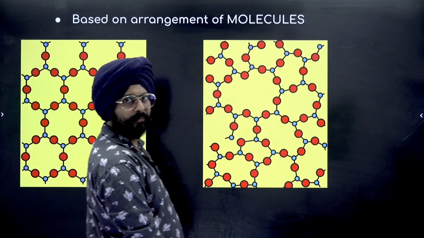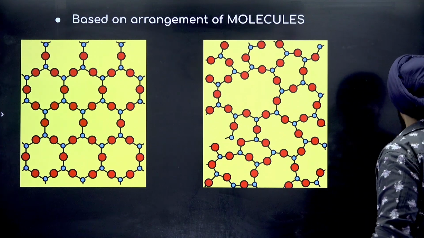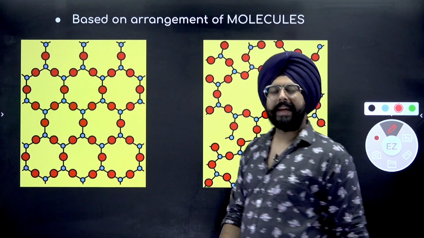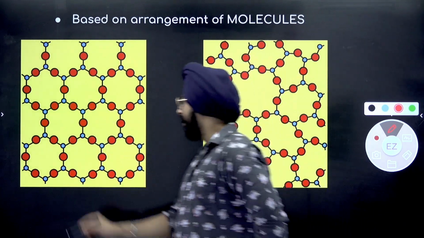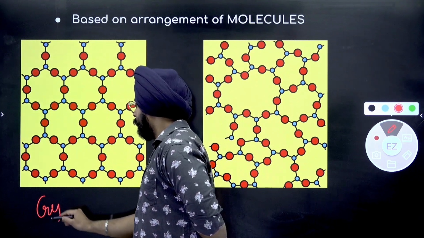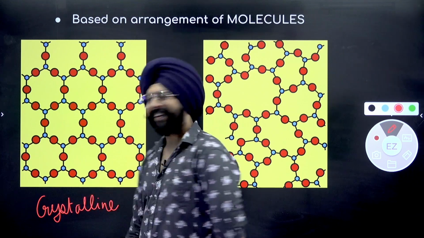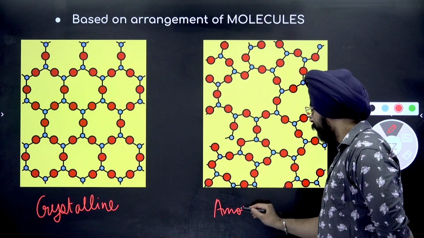Can you see? I am sure it reminds you of something. This classification is something that you've already studied in earlier classes when you were studying about the allotropes of carbon. This arrangement, well defined, will be called a crystalline arrangement. Yes. And the other one would be called amorphous.